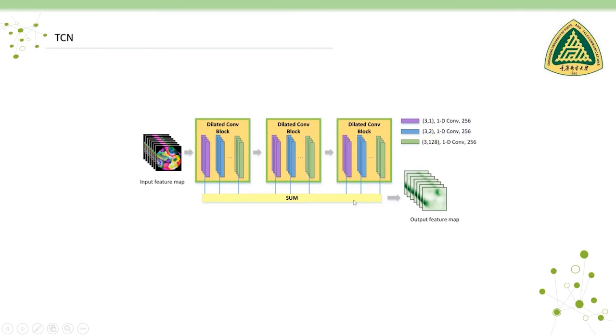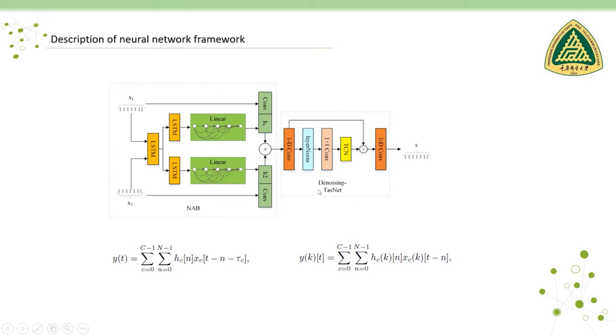In Denoise-TasNet, the structure of TCN is shown in the figure. We repeat one depthwise convolution block with dilation factor D three times, and the TCN we can see in Denoise-TasNet is very important.